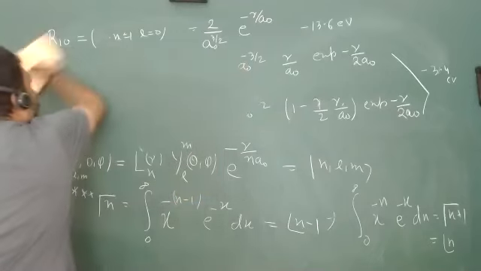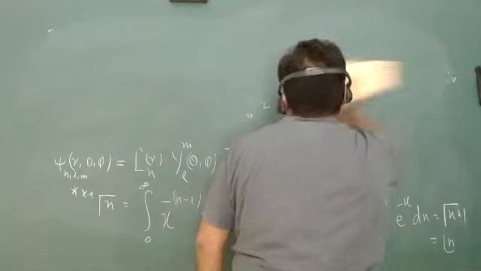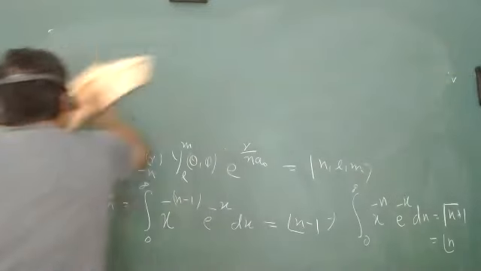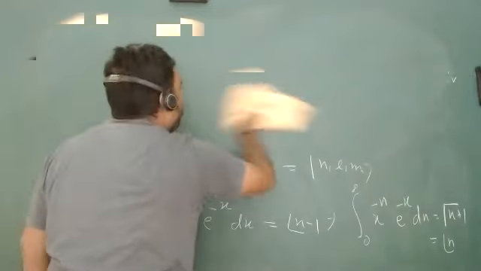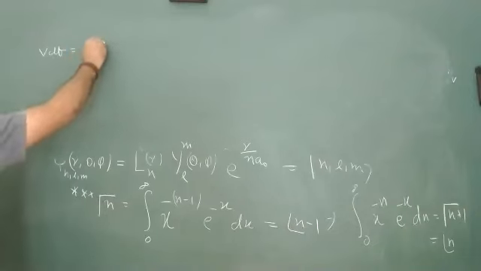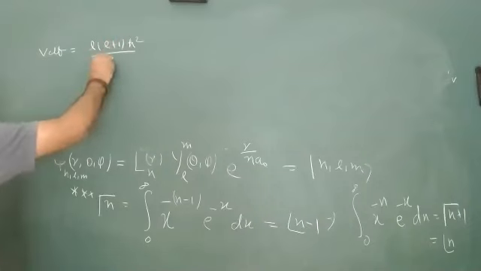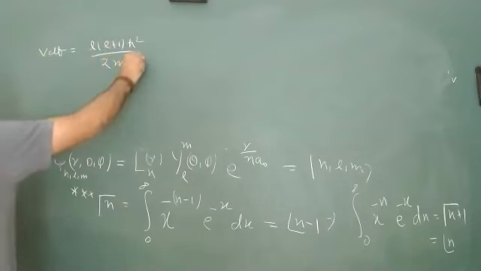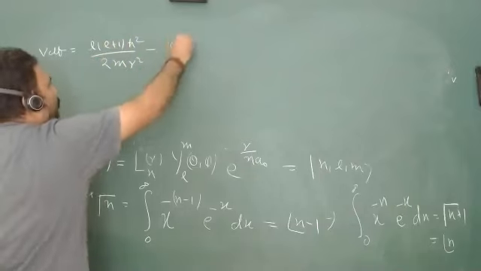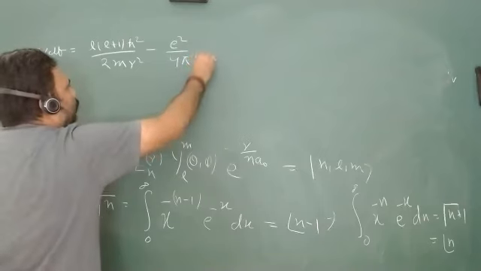Now, what is my V effective? If I write my V effective, that will be l into l plus 1 h cut square upon 2mr square minus e square upon 4 pi epsilon naught r.